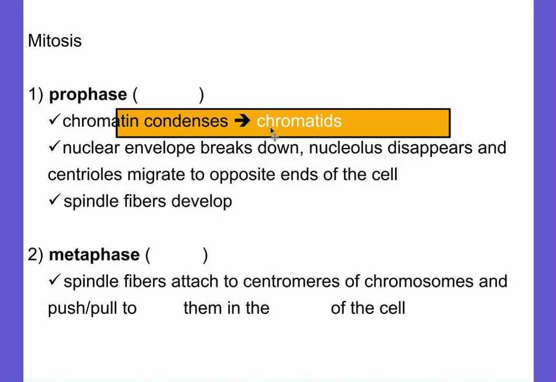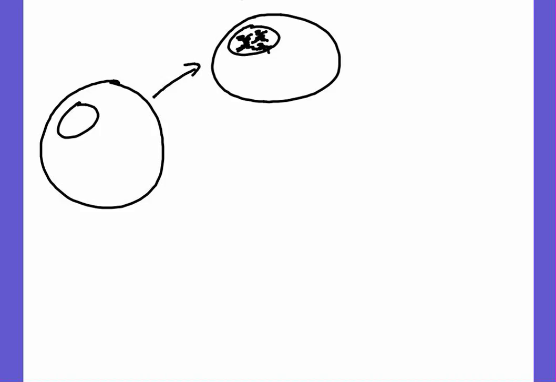Other things that are going to happen in prophase, that nuclear envelope is going to need to break down. You're also going to have centrioles that are going to migrate to opposite ends of the cell, and you should also see some spindle fibers that we're going to use later. So I need to add a few things to my picture here.